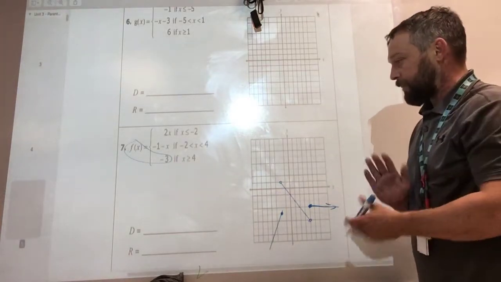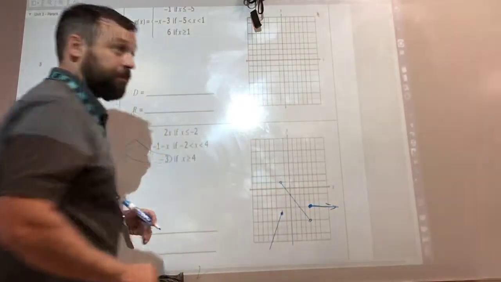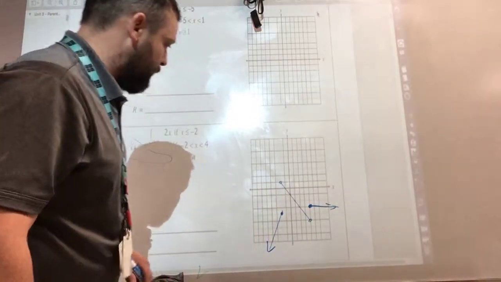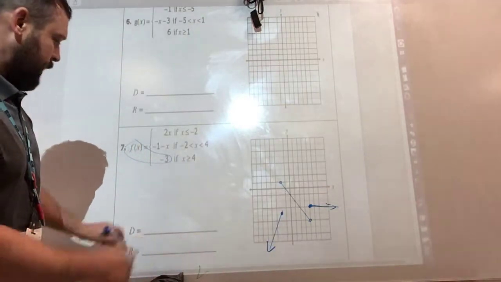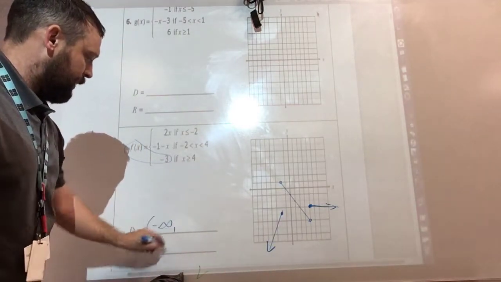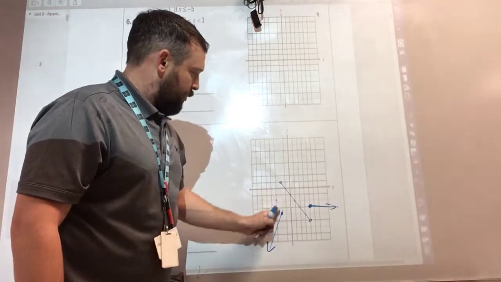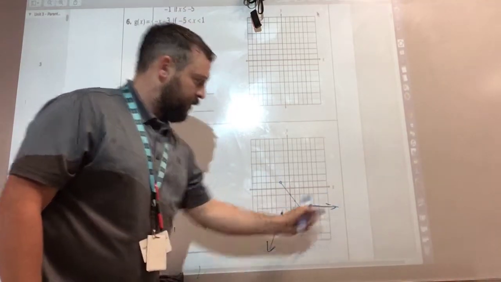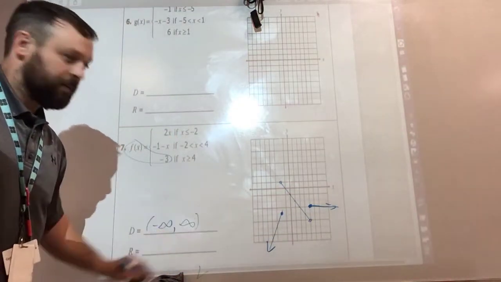There's your piecewise function. So your domain of this, that right there is going on forever. So your domain is coming from negative infinity. There's no break here, so it's going to be continuous. Here, continuous, boom, to infinity.